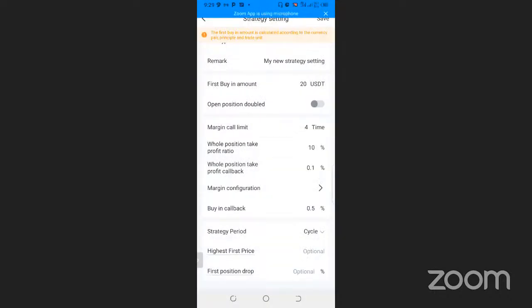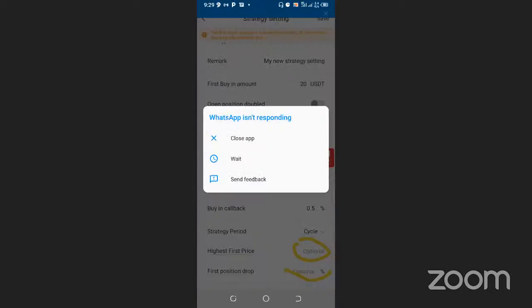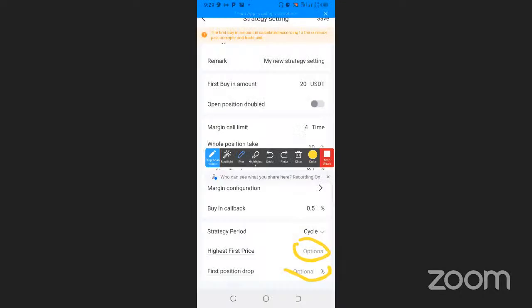When you confirm, what is next? This place is optional. Here, you can put your margin call drop at 5.5%, so that when the market triggers, you do not have to wait longer.